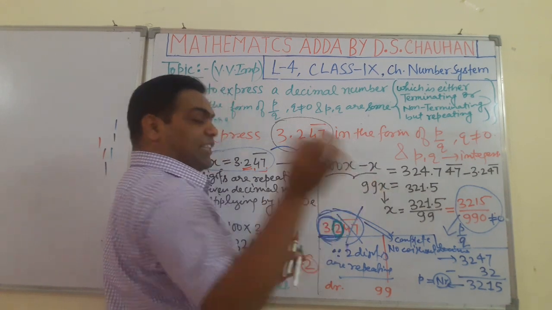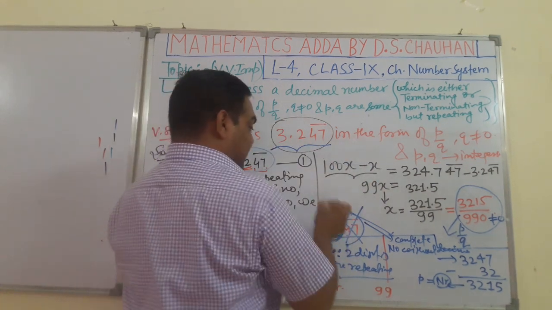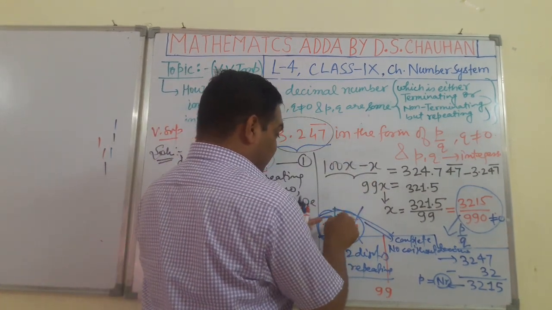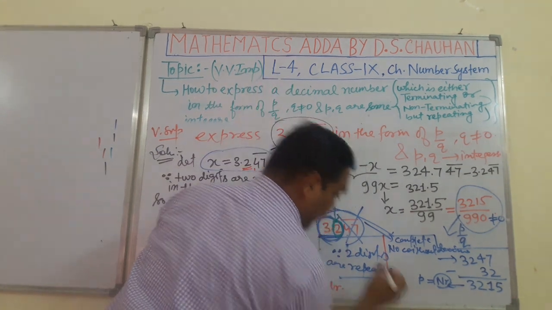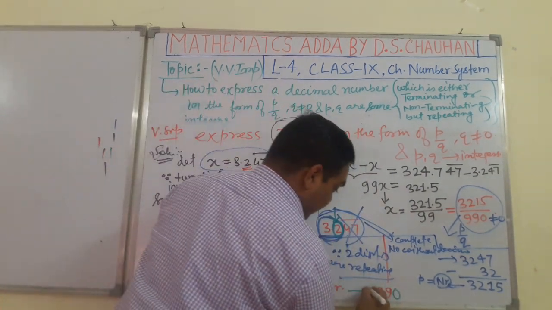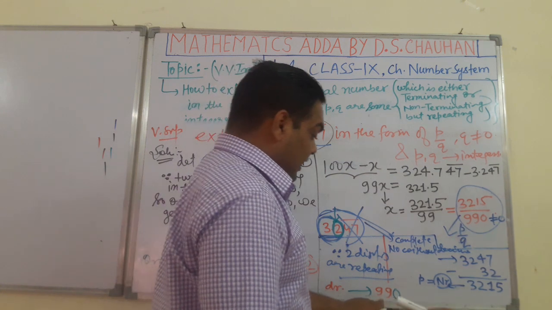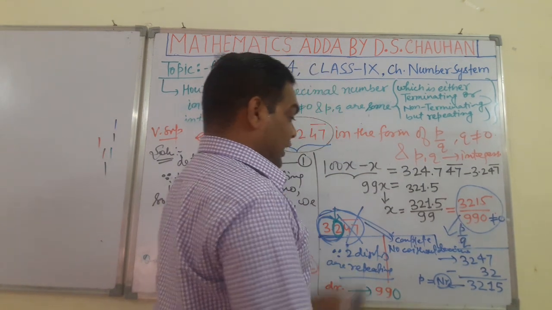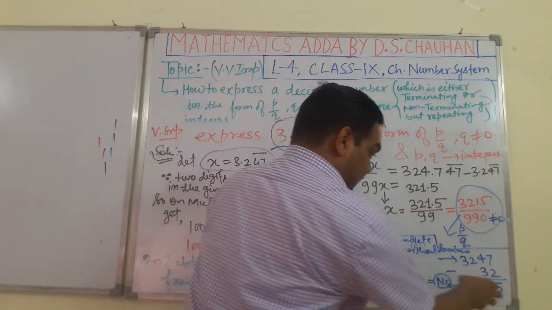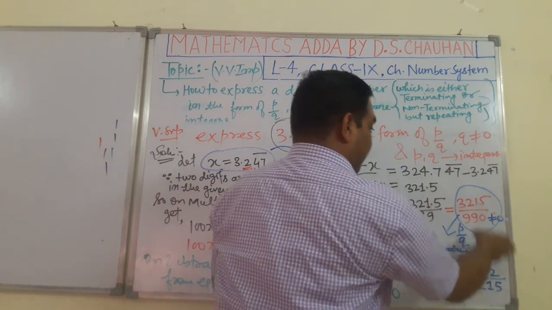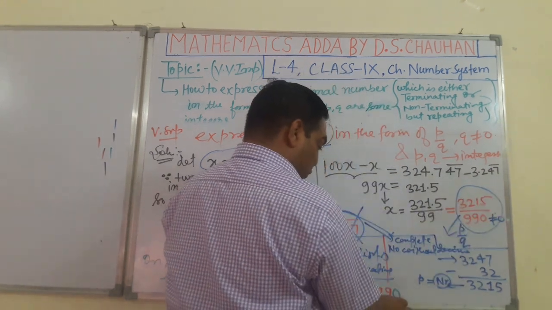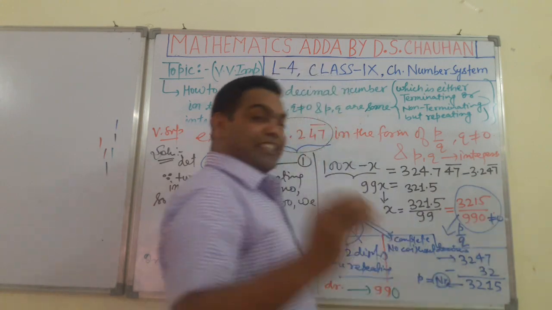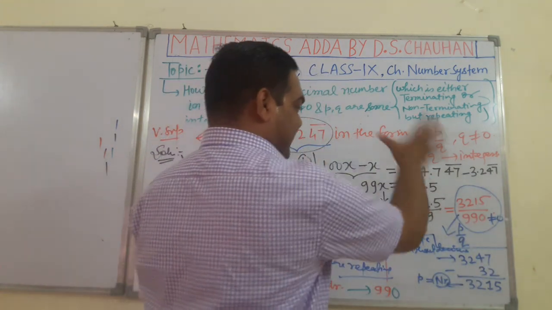See, only one digit is not repeating, so this place in the denominator will be filled by 0. So in this way, what will the denominator be? It is 990. So you check the answer. P is 3215 and Q is 990. See, in this way it is clear that our answer is correct.